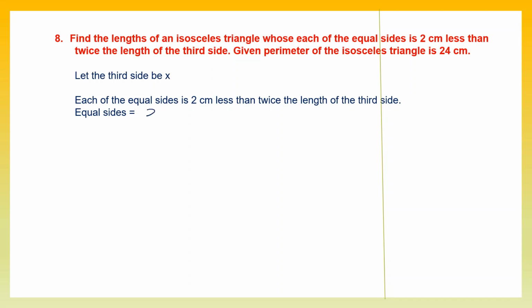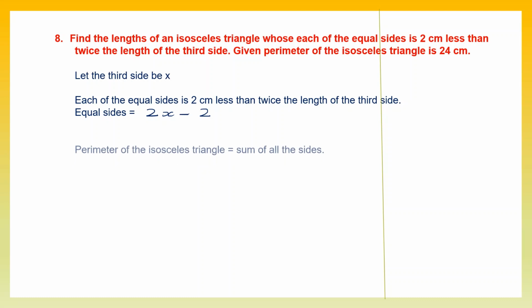So twice the length means 2x. We're talking about the third side, twice the length and 2 centimeter less. So 2x minus 2. So we have the third side which is x and two equal sides which are 2x minus 2. 2x because twice the length of the third side and 2 centimeter less, so we wrote minus 2.